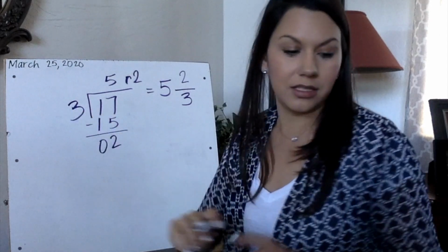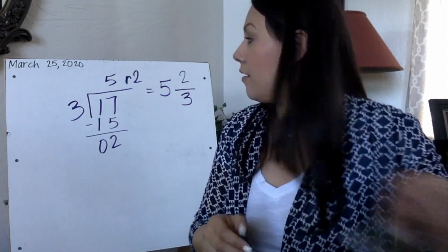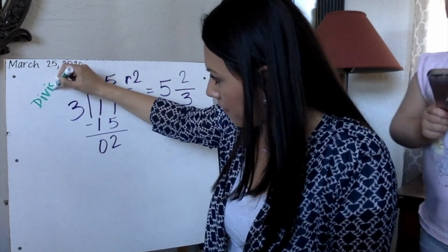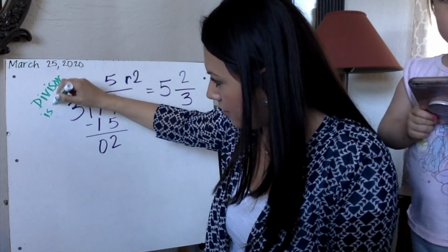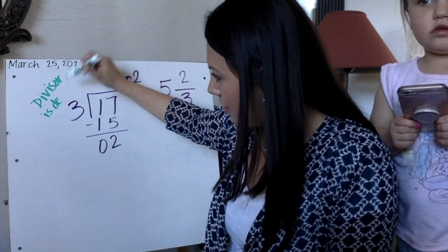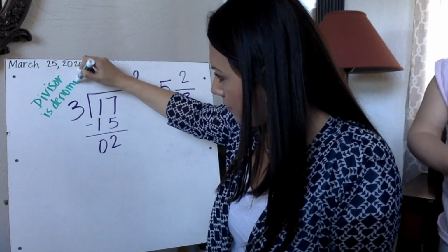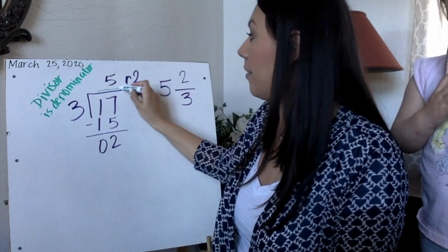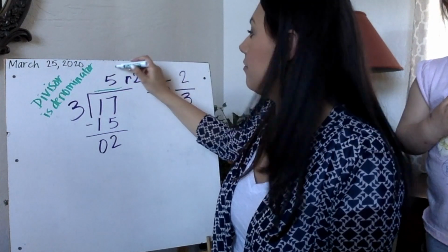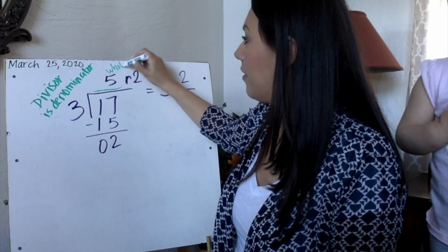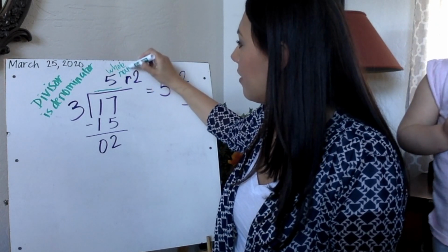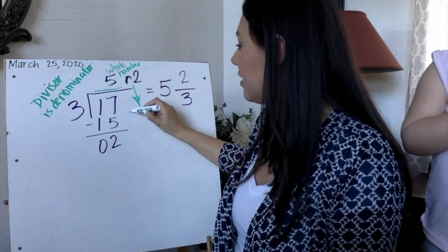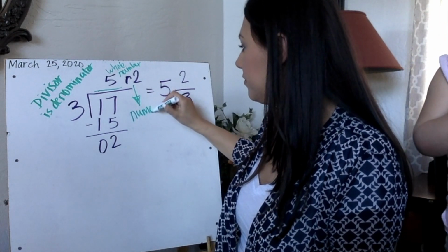Divisor is denominator. Our whole number is going to be a whole number. And our remainder is going to be our numerator.